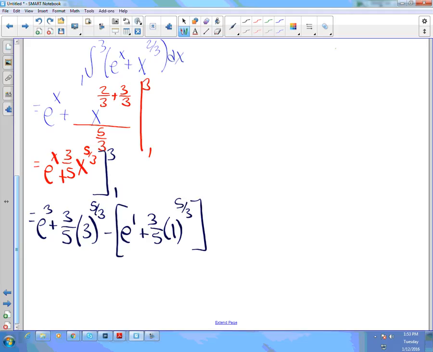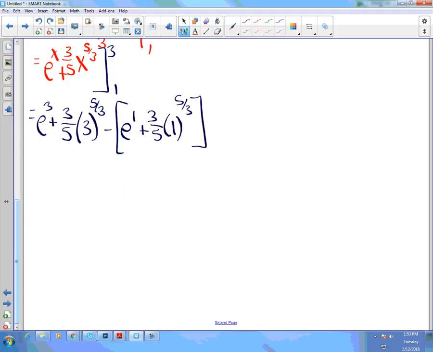So, if we look at order of operations, what do we do first? Anything in group B to do? Inside of group B? I don't think so. I think the first thing we need to do is exponents. What's 3 to the 5/3?